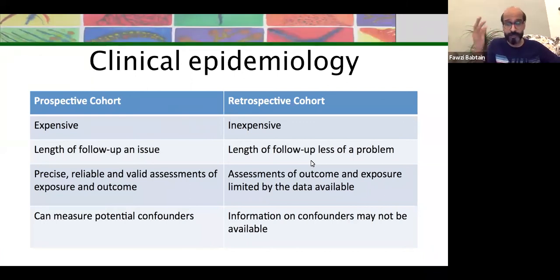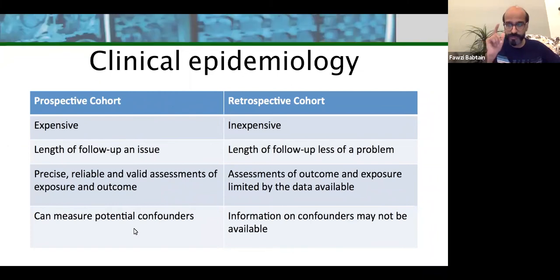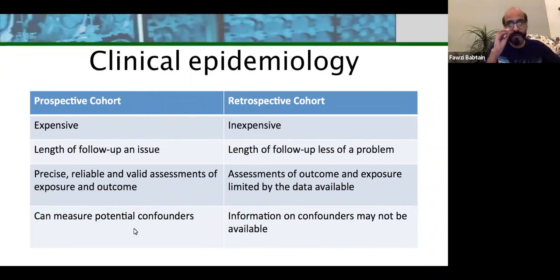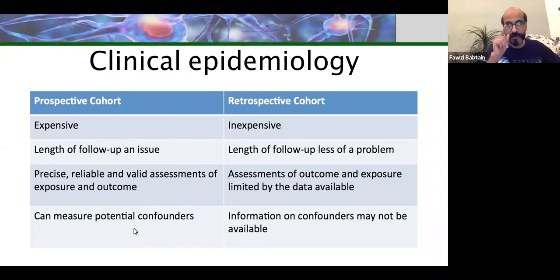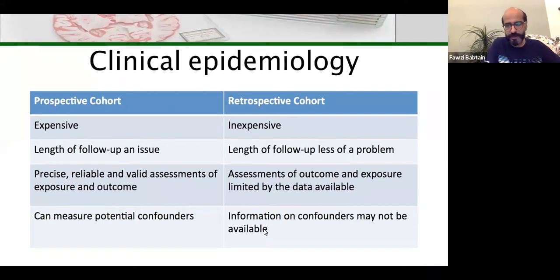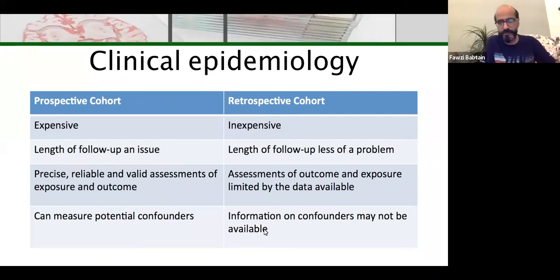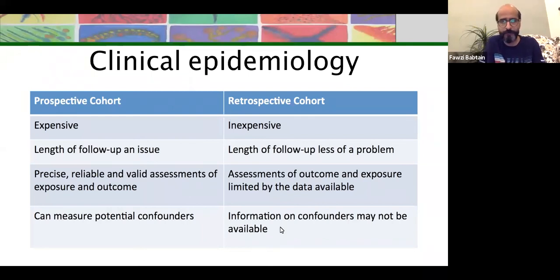It can really affect your overall results. Prospective can really measure the confounders. A confounder is something that can affect your outcome without being a direct cause, but it is associated with it. While in retrospective, you may have limited information on confounders, may not be a big deal.